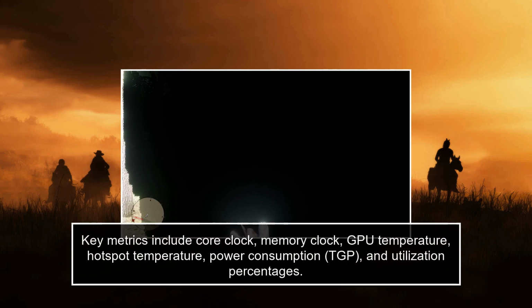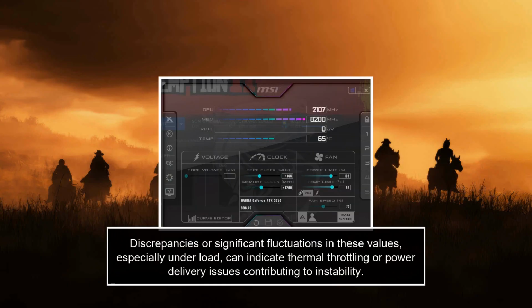Key metrics include core clock, memory clock, GPU temperature, hotspot temperature, power consumption, TGP, and utilization percentages. Discrepancies or significant fluctuations in these values, especially under load, can indicate thermal throttling or power delivery issues contributing to instability.